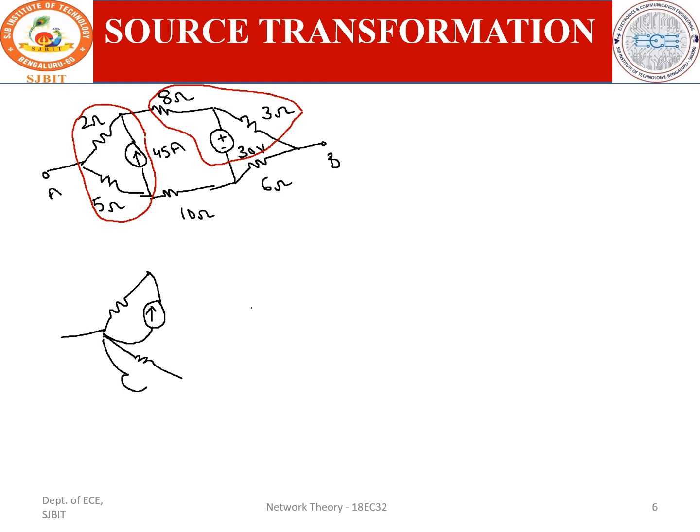This end is already disconnected, retain the same end, and it is connected to this point, A. This is the 5 ohm, this is a 2 ohm, and this is 45 amps, and this is also 45 amps.